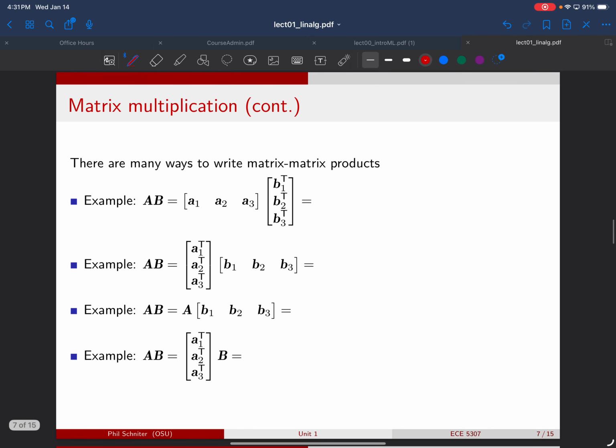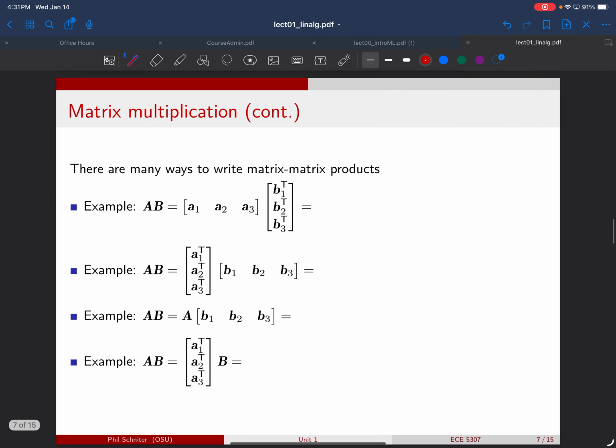Okay. Now we'll see a lot of different examples of matrix, vector, matrix multiplication. Sometimes it's convenient to think of a matrix in terms of its columns, like we can say the columns of matrix A are A1, A2, and A3. And sometimes it's convenient to think of a matrix in terms of its rows. So for B, its rows are B1 transpose, B2 transpose, and B3 transpose.